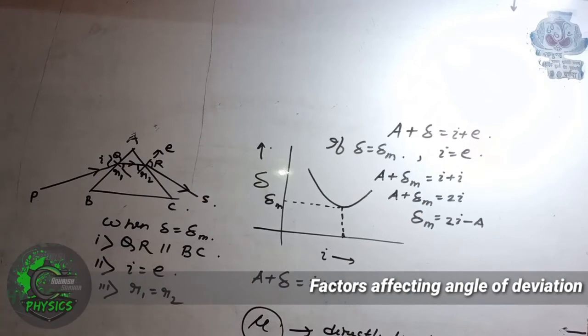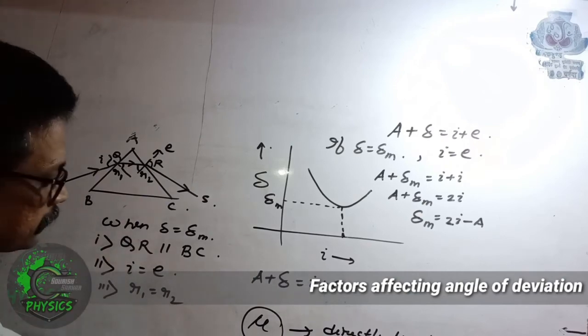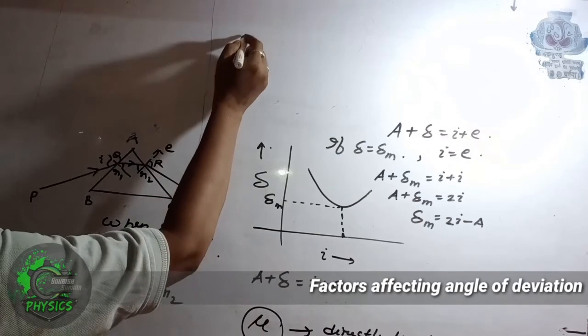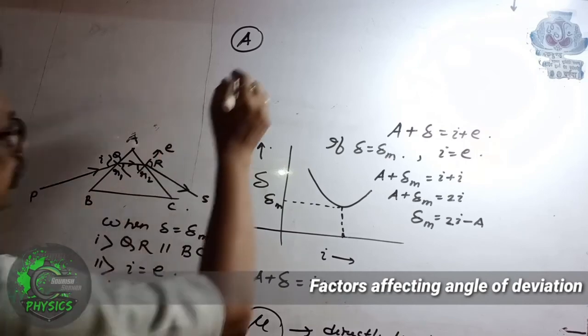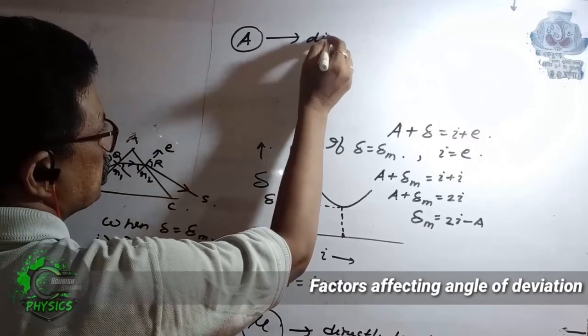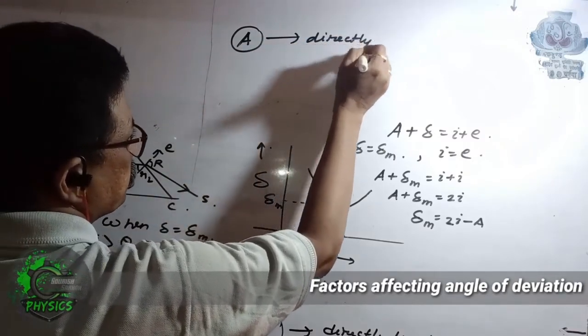The next factor is the angle of prism, denoted by A. It is found that the angle of deviation delta increases with the increase in angle of prism. So this is also directly proportional.